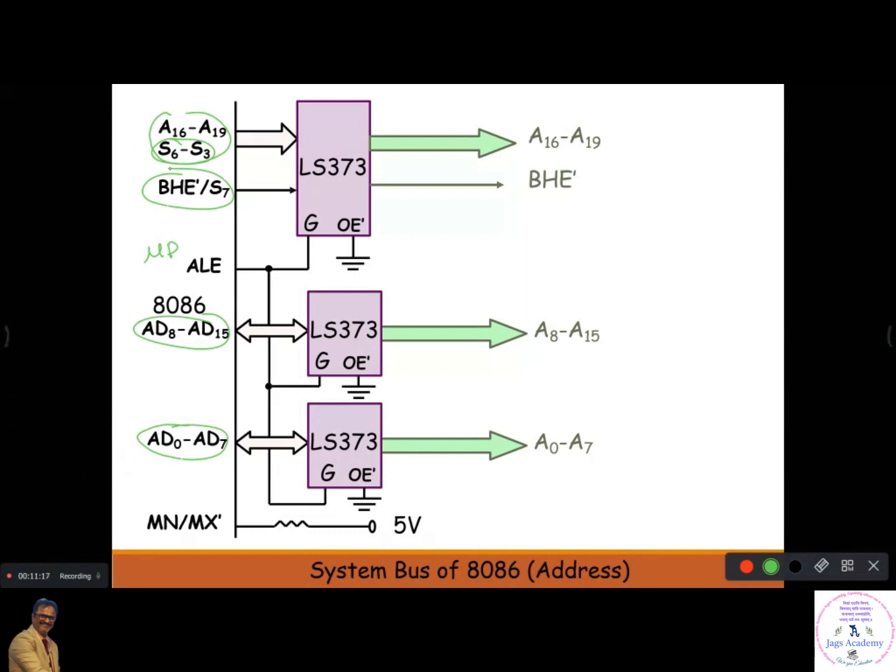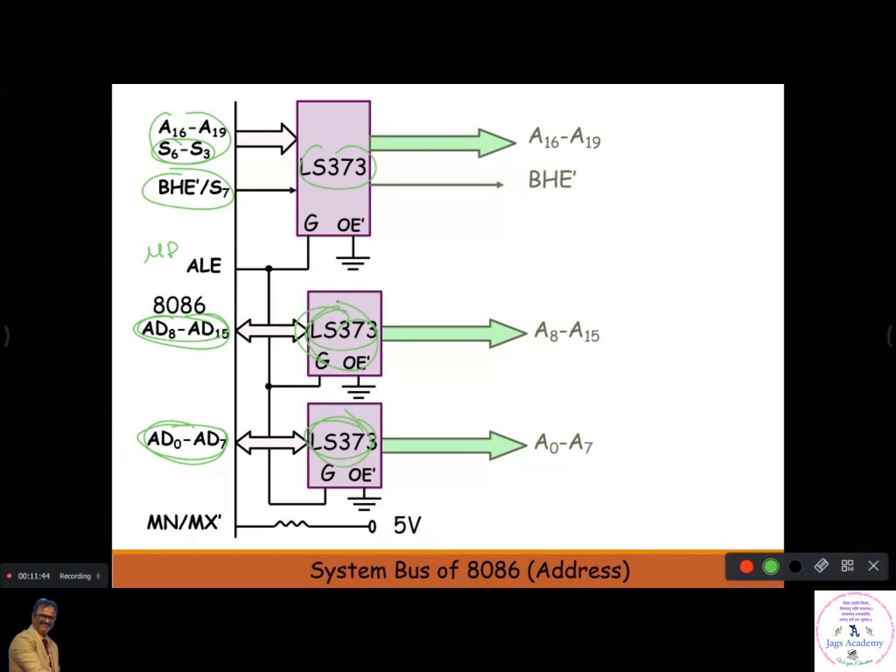For that, these latches are used. You connect AD0 to AD7 to one of the latches, and AD8 to AD15 to another latch, because the total multiplexed lines are 16, but each latch can take only 8 inputs.